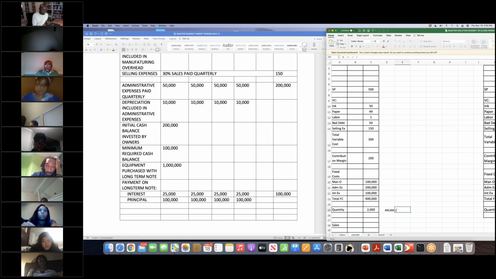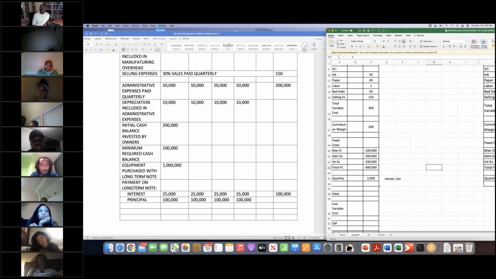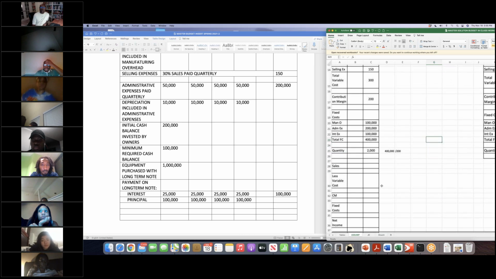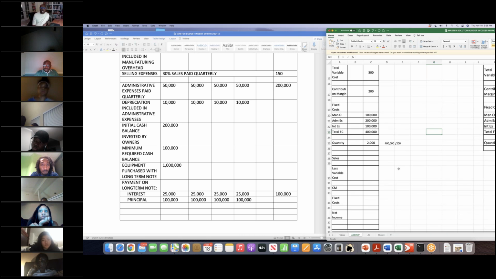The contribution margin of 200. So is everybody with me so far? As you're working problems, you want to make this calculation so you don't have an error. Then let's check it out right quick. We don't want to get ahead of ourselves.